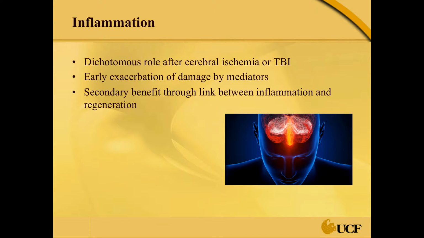But there is a secondary benefit through a link between inflammation and regeneration. So even though there's this early exacerbation and probable damage that occurs, without that damage and without that signaling in the brain of inflammation, regeneration would more than likely not occur as rapidly. So there is a positive to inflammation as well, which is why we call it this dichotomous role.